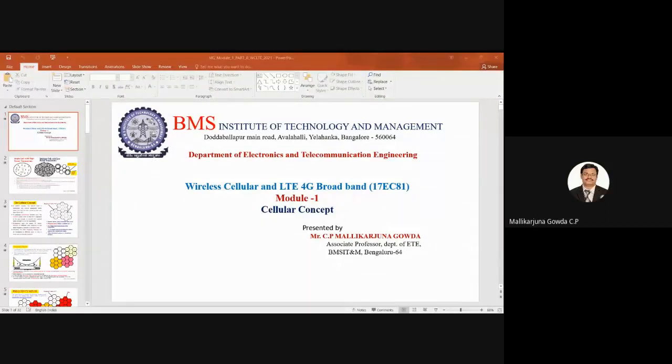No, that may be correct, but not very specific. You have to tell, like the first one you said, it can reduce the multipath interference or intersymbol interference. Okay, I will ask somebody else.